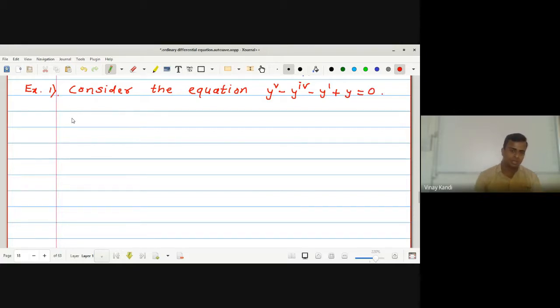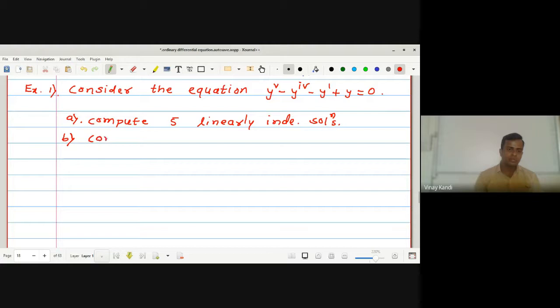Now first one, a: compute 5 linearly independent solutions.